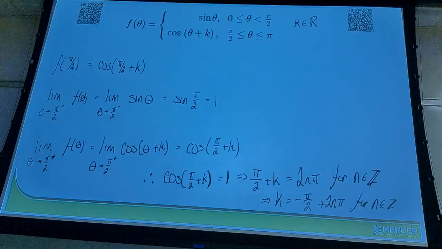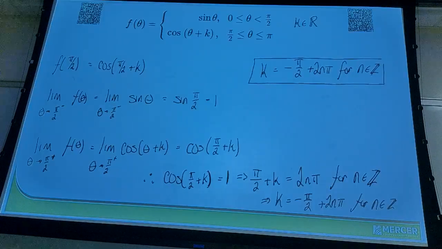There's an infinite number of values for k, but they all have to be coterminal with negative pi over 2. We'll write it that way. Those are all the values of k that would make this function continuous.